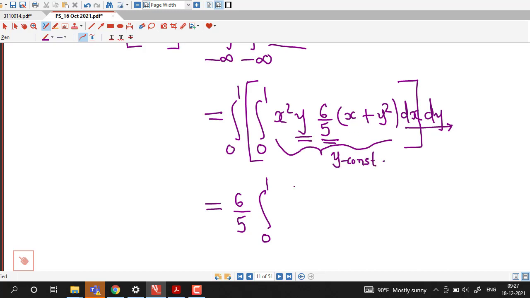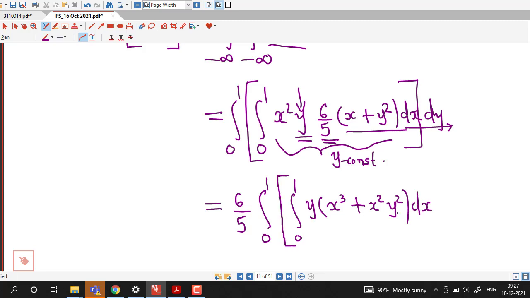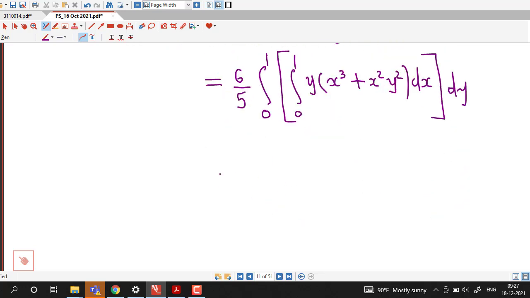Keeping y as it is, we multiply by x squared, so we can rewrite the integrand as x cubed plus x squared y squared, integrated with respect to x and then with respect to y. Now we integrate with respect to x first, considering y as constant.